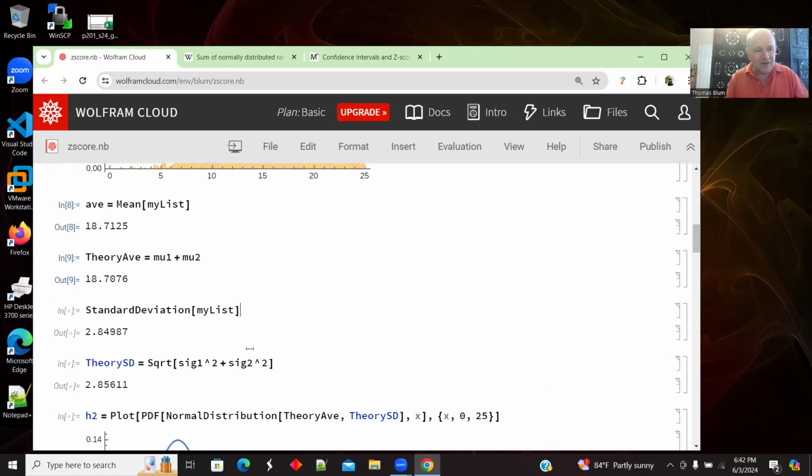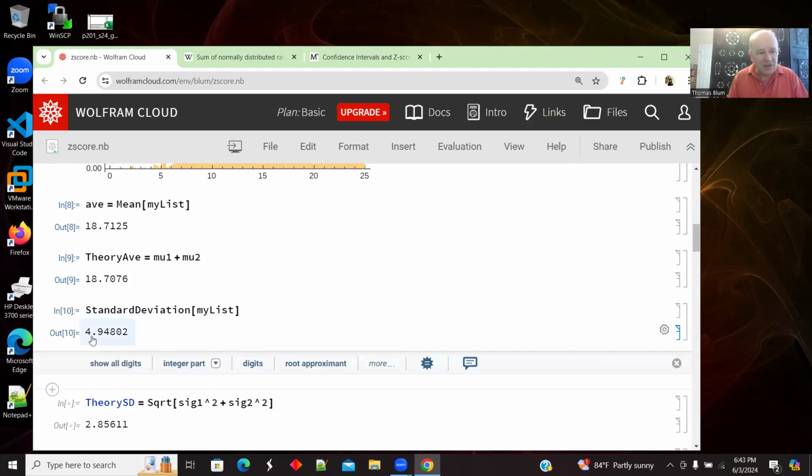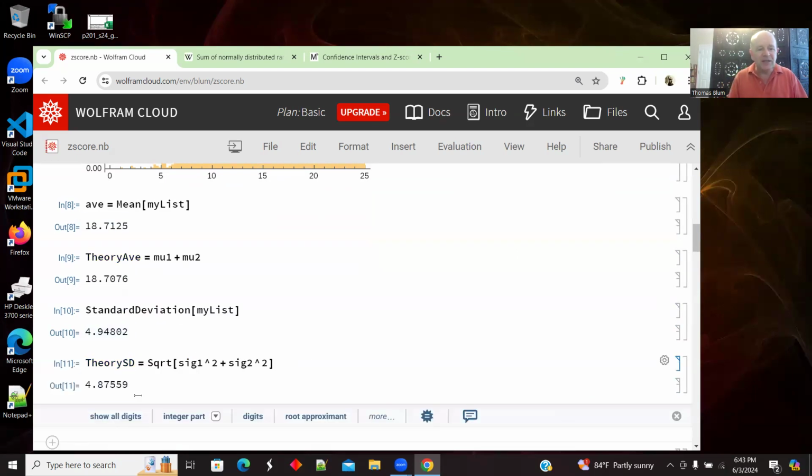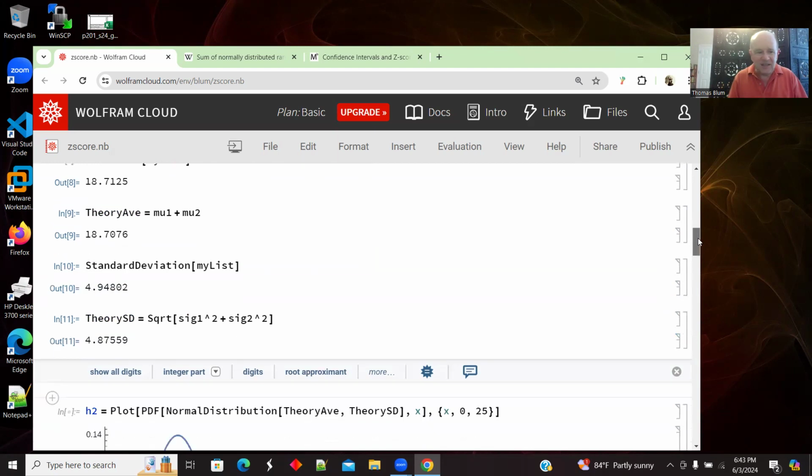The standard deviation of my list is 4.94. If I take the square root of the sum of the two standard deviations squared, so the sum of the variances and then the square root to get the standard deviation, we see a fair amount of consistency there.